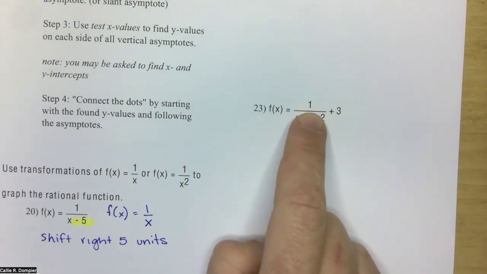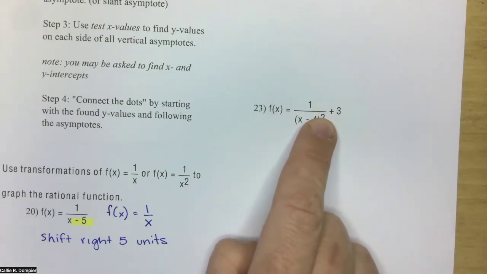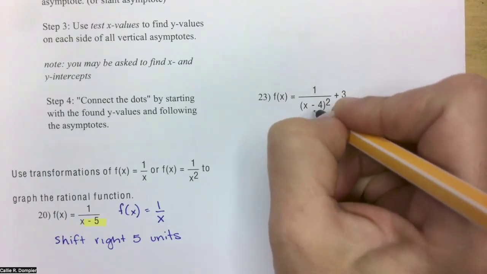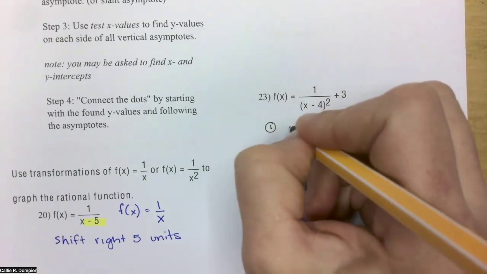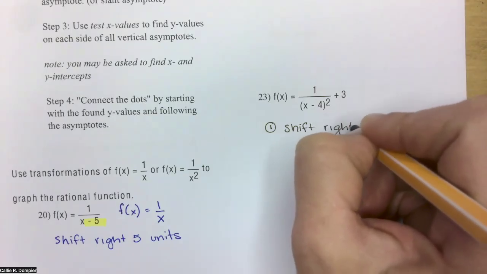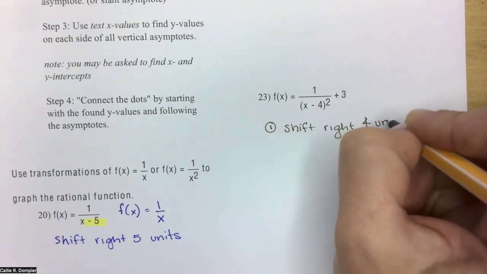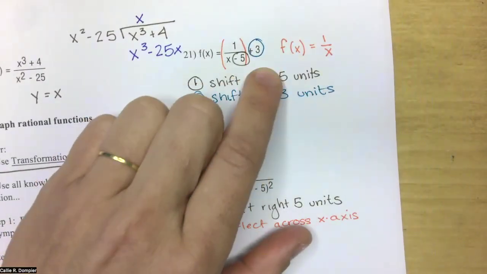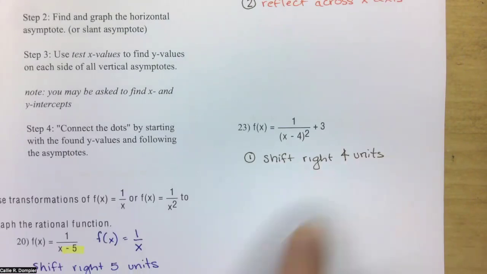Here we have f of x equals 1 divided by x minus 4 squared plus 3. Let's see what we can do. We know that this means we're going to shift it right, not 5, but 4. And then what did we learn about the plus 3 over here? Shift up 3 units.